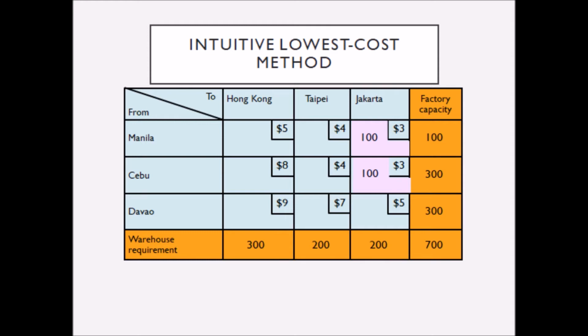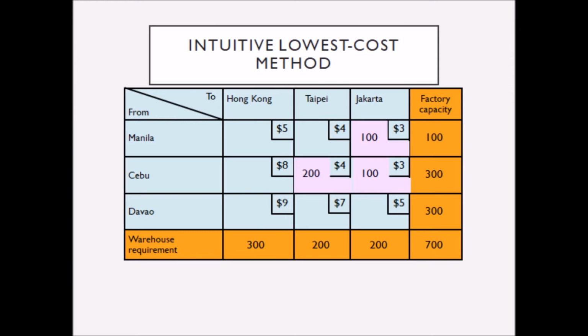Both Manila to Taipei and Cebu to Taipei have the same cost. However, since Manila's supply has all been exhausted, we just consider the Cebu to Taipei segment. Since Cebu can still supply 200 units and Taipei exactly needs 200 units, we will just put 200 units in the Cebu Taipei segment.